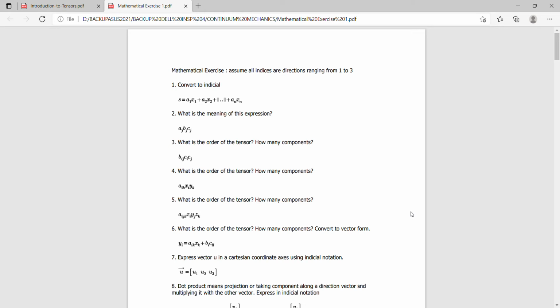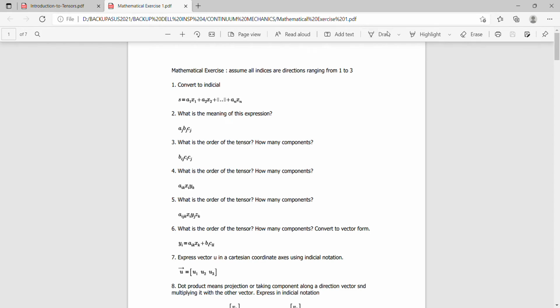Today we will be doing some mathematical exercises on tensorial operations, and I'd like to give you very basic procedures to start with.